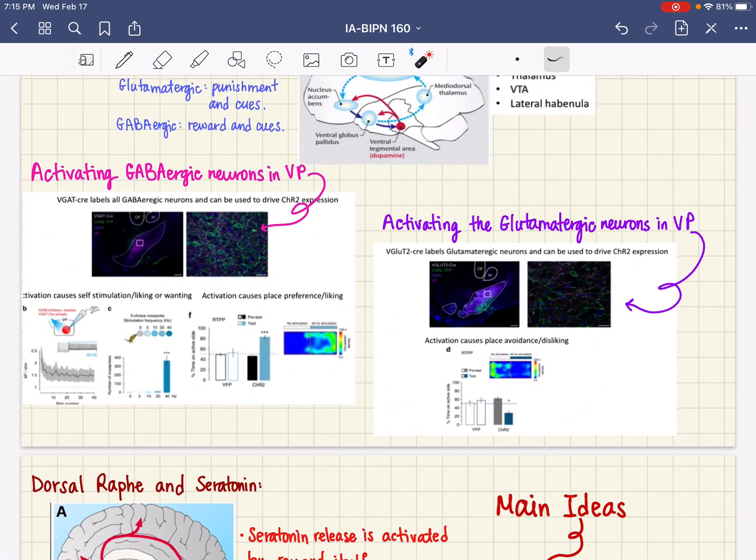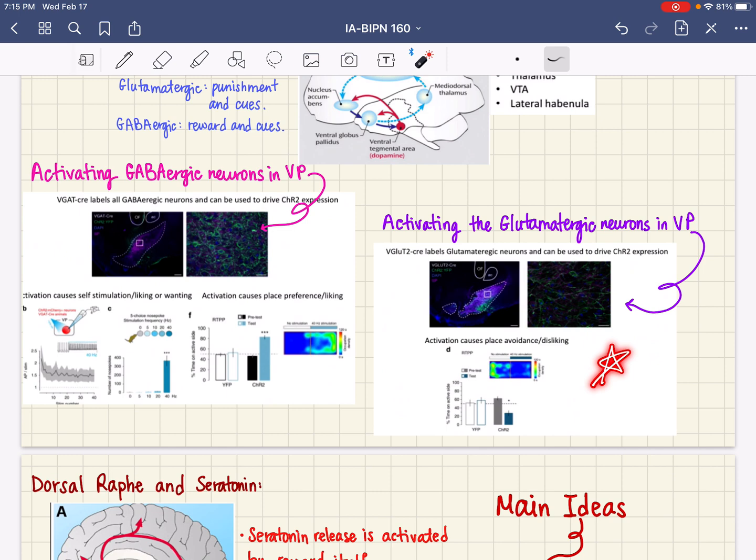Okay, so again, activation of GABAergic neurons causes place preference, liking. So they like to be in this area where they're getting a lot of the GABAergic neuron activation.